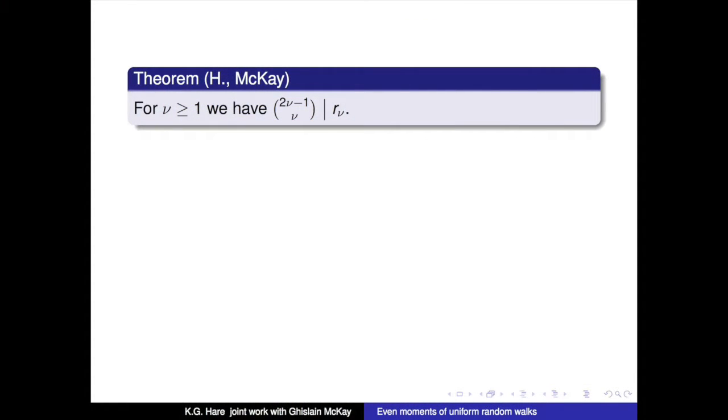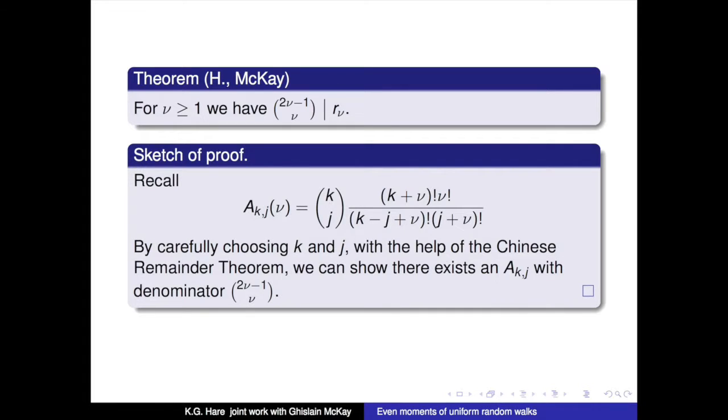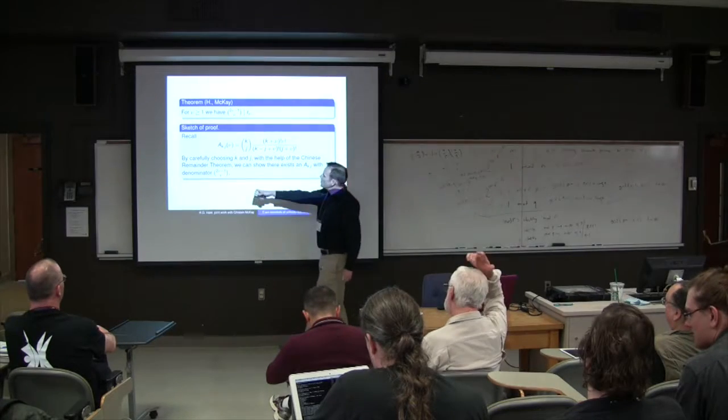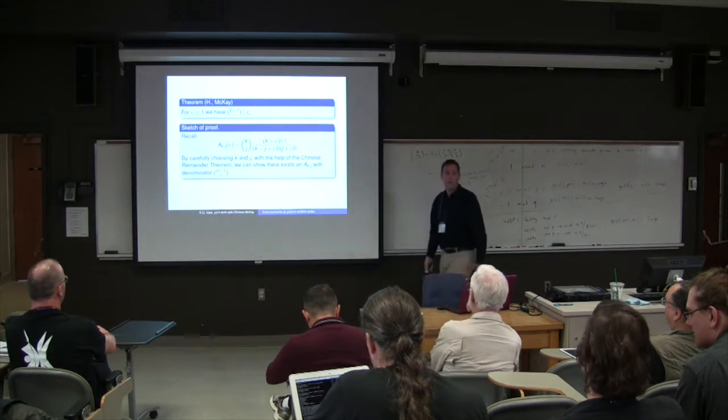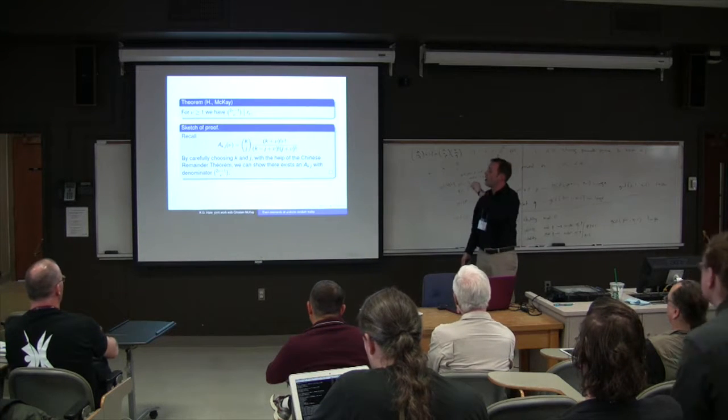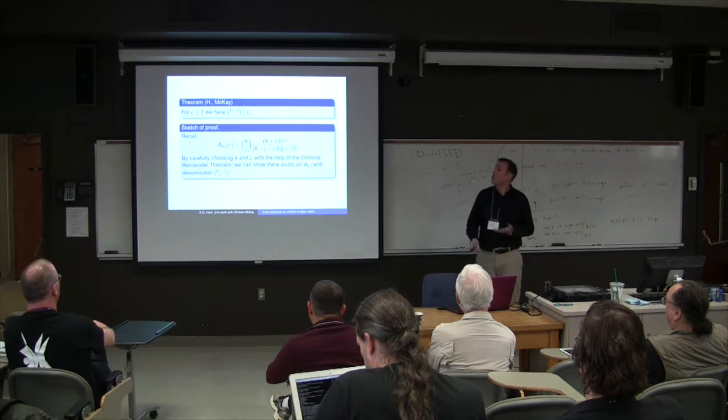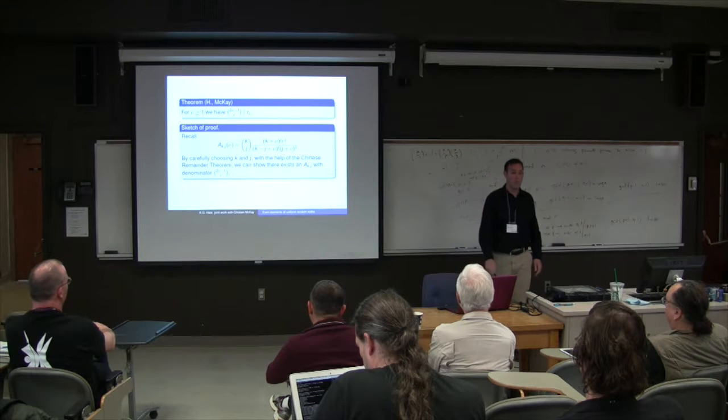In the other direction, I want to show that I have a lower bound for it. Again, I looked at this value, and you can really carefully choose the k and j. With some careful uses of the Chinese remainder theorem, you can actually get this 2 nu minus 1 choose nu in the denominator, and factors of those that are not in the numerator. So that gives you upper bounds and lower bounds.